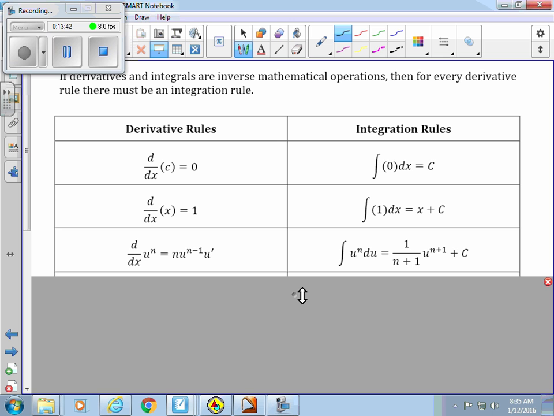So if we have x squared, we're going to make it x cubed, and then we're going to divide by 3, or do 1/3 x cubed. Raise the power by 1 more, and then divide by the new power. So u to the n plus 1 divided by n plus 1, or multiplied by 1 over n plus 1, either way. Plus c. Don't forget plus c. Why plus c?